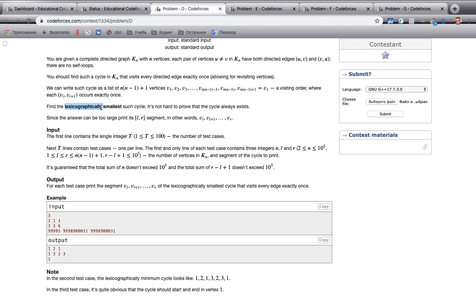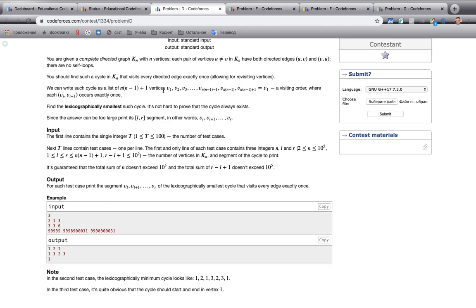When we want to minimize something lexicographically, the main path to follow is that we want to first minimize the first number, then the second one, then the third one, and so on.